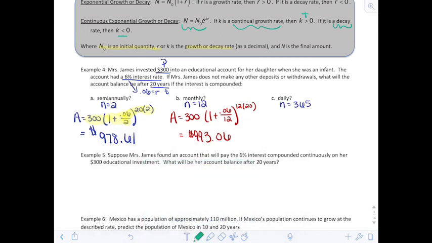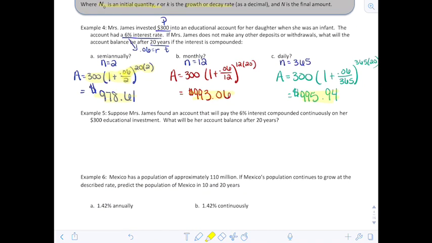Then if we're going to do this daily, our amount will be 300 times 1 plus 0.06 divided by 365, and then it will be raised to the 365 times 20 power, and that amount gives me $995.94. So there are each of our balances, 978, 993, and 995. They get a little bit bigger, but not a huge significant difference.